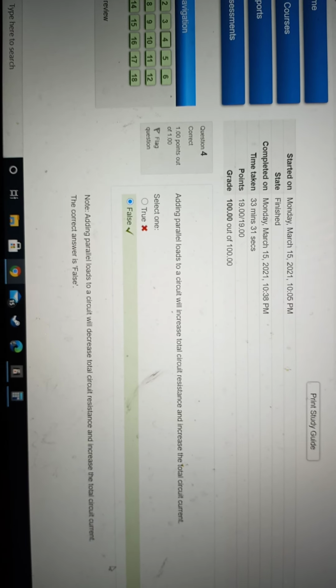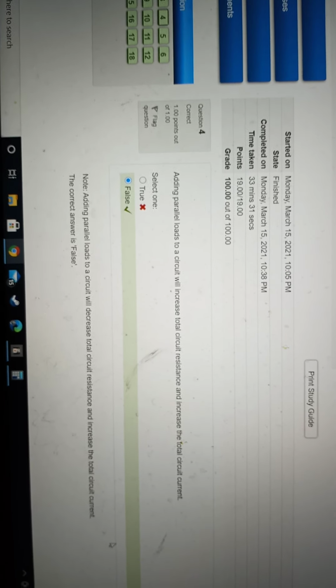The current is added, so that increases. But resistance is different in parallel: the total resistance goes down, and it's less than any individual resistance, as we saw earlier in the book.